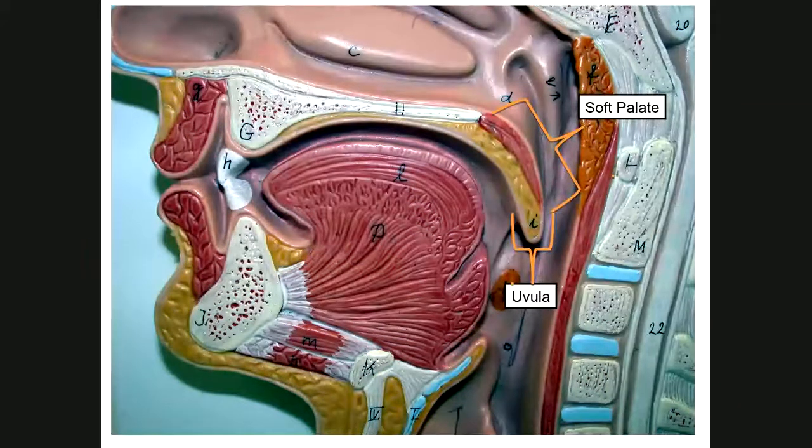You can see it if you open up your mouth and look in the back of your throat. That's called the uvula. The uvula does not have anything to do with voice or sound. Again, it's to close this off while you're swallowing.